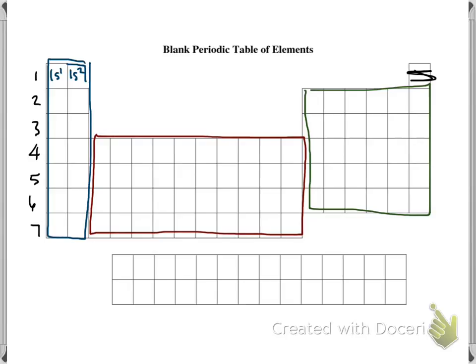So if I had 1 electron, it would fill in the first energy level, the S sublevel, and there would be 1 electron. If I had a second electron, because I know that only 2 electrons can go in the S sublevel, it would still be in the first energy level, the S sublevel, and there would be 2 electrons.